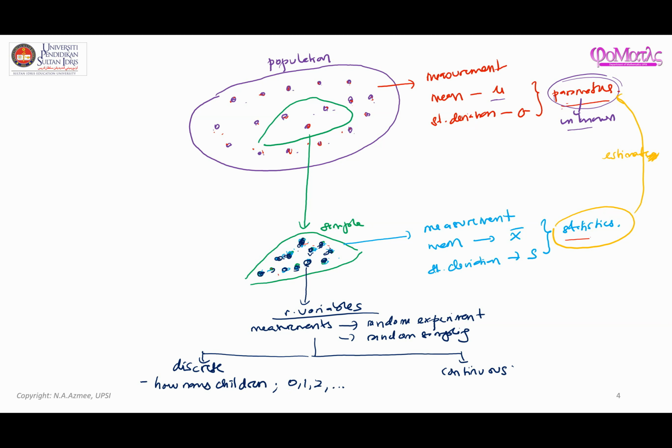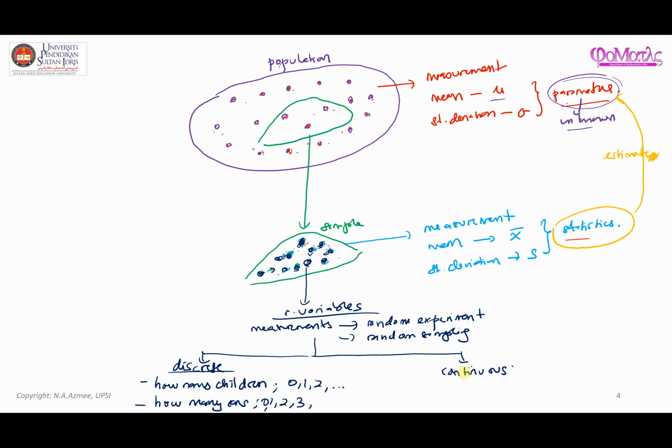And clearly this is a discrete random variable because the nature of it is that it can be easily counted, and it can only assume a finite number of values in some interval. So how many children is considered a discrete random variable. The same thing if you ask these people how many cars do you have? 1, 2, 3, or 0. These are examples of discrete random variables.